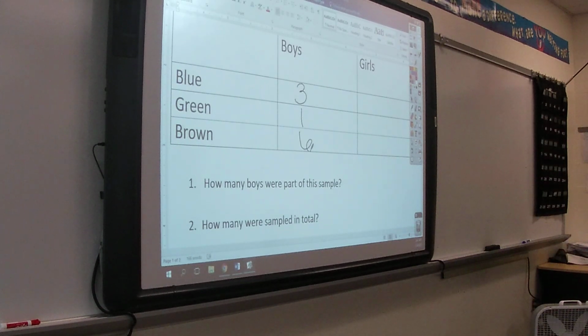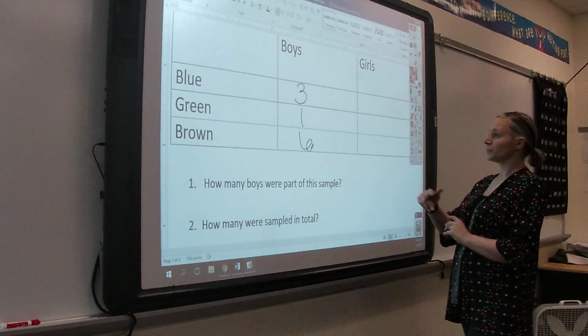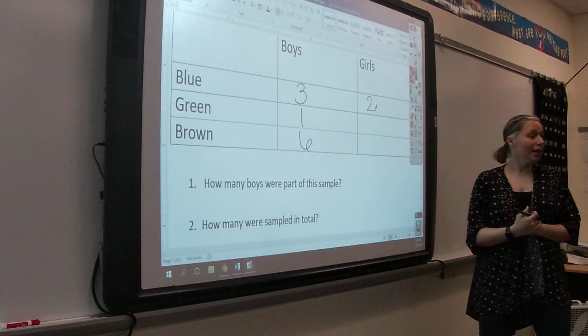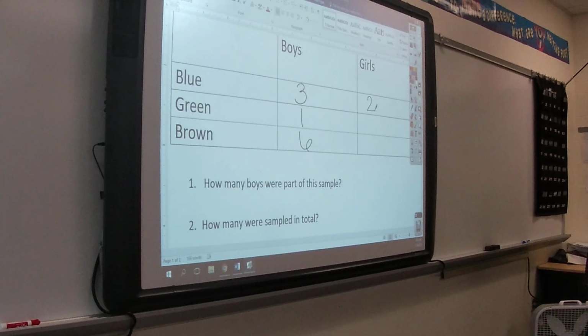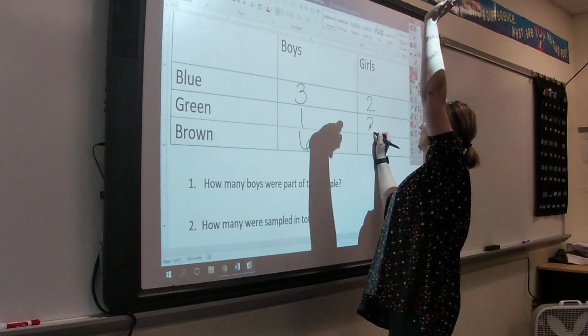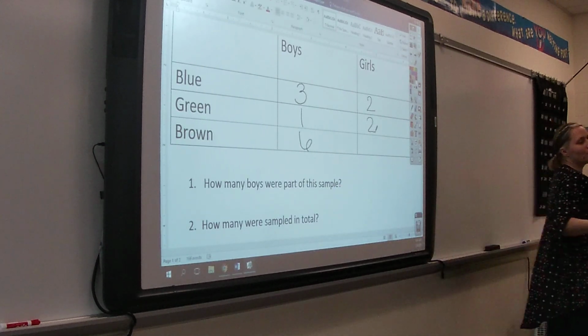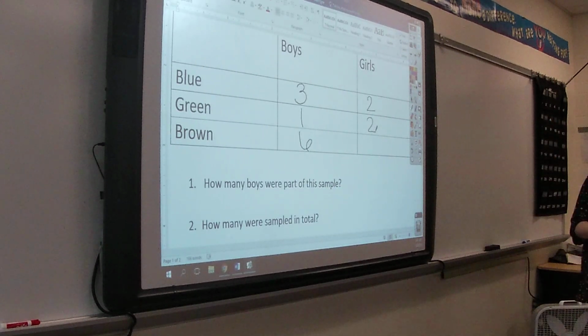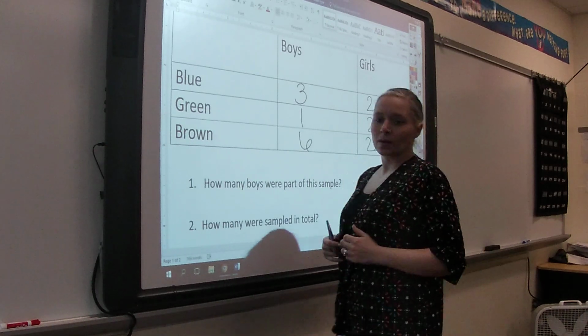Okay, now girls, if you are a girl and you have blue eyes, raise your hand. If you are a girl and you have green eyes, raise your hand. I'll put myself in there so we have some data. If you are a girl and you have brown eyes, raise your hand.